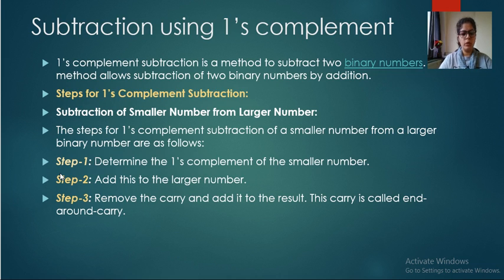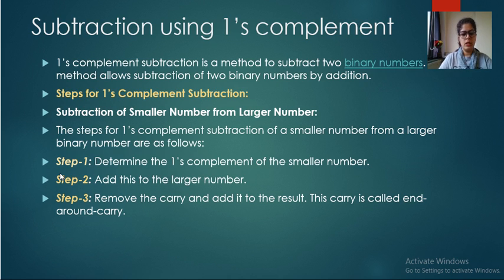It means we have to calculate the 1's complement of 7 in terms of binary number. Step number 2 is add this to the larger number. After calculating the 1's complement of the smaller number, you have to add it to the larger number.